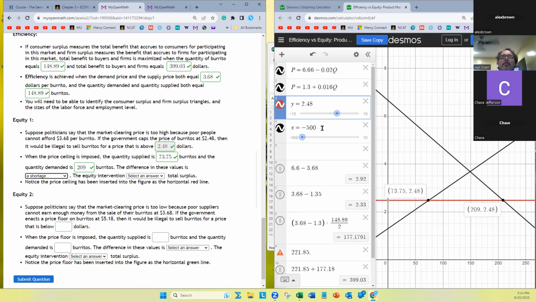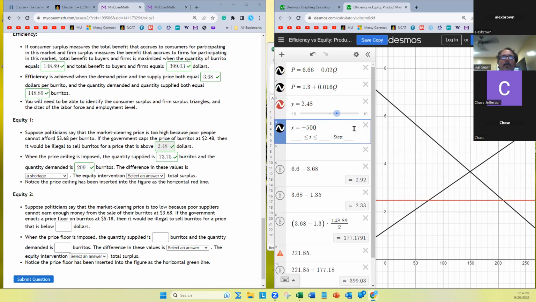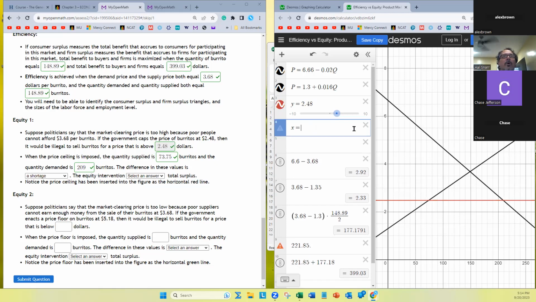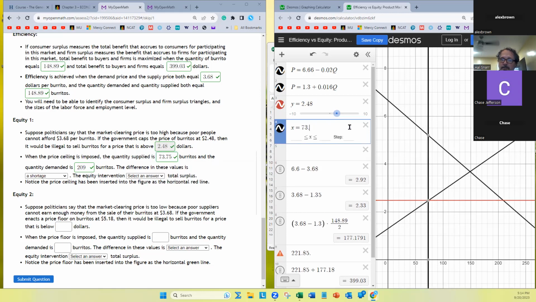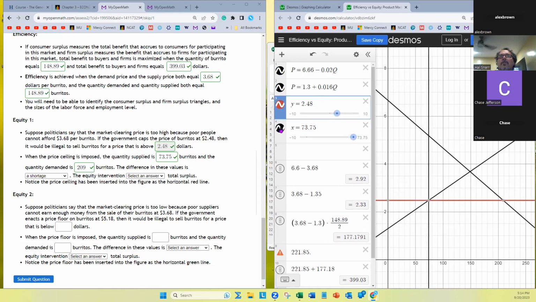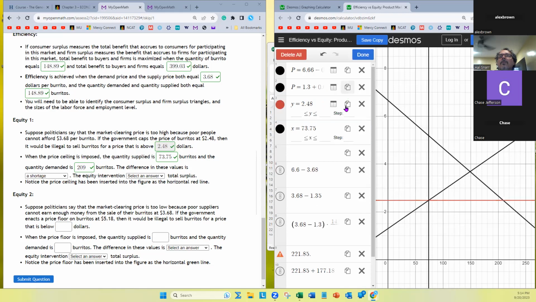So now what I'm going to do is bring in the X equal, and I'm going to set it equal to my supply here, right? 73.75. What happened to my thing? It's supposed to be dashed. There it goes.